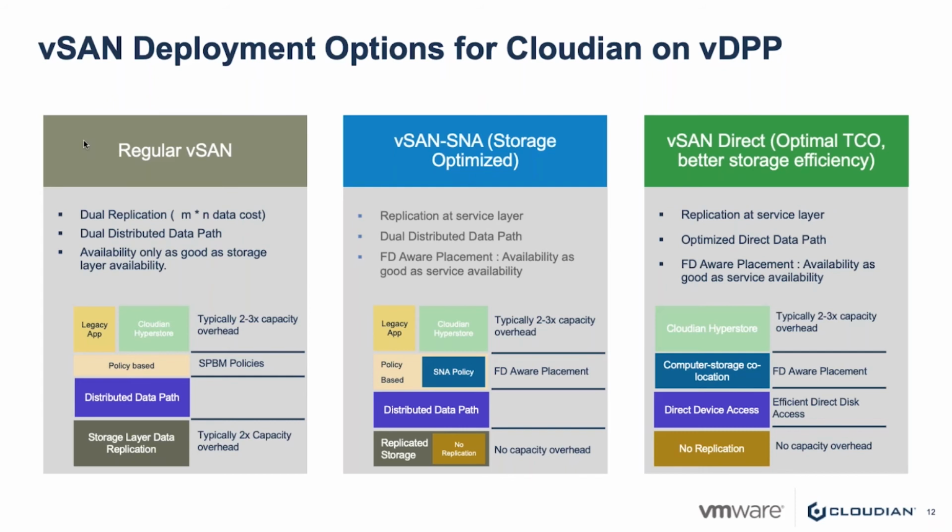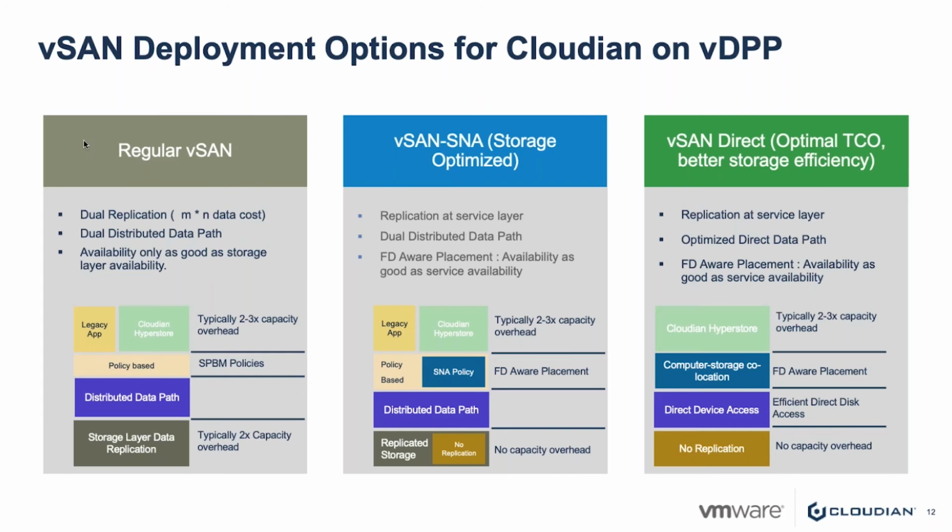And the third option that we're offering is vSAN Direct, right? So vSAN Direct is that technology that we're offering, which is basically using the underlying direct attach hardware, be it performance SSDs, or it could be cheap and deep, dense hard disk. You can use any of those and get that cost and performance efficiencies exposed directly to Cloudian, right?